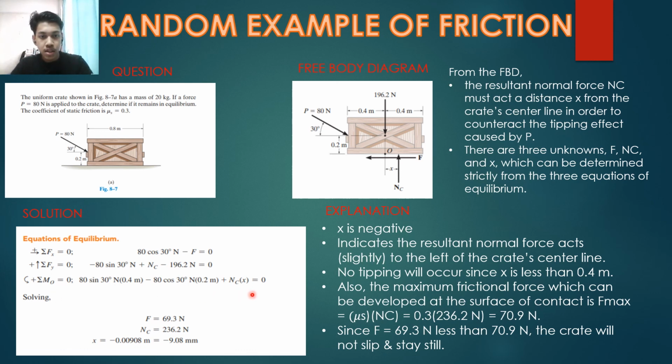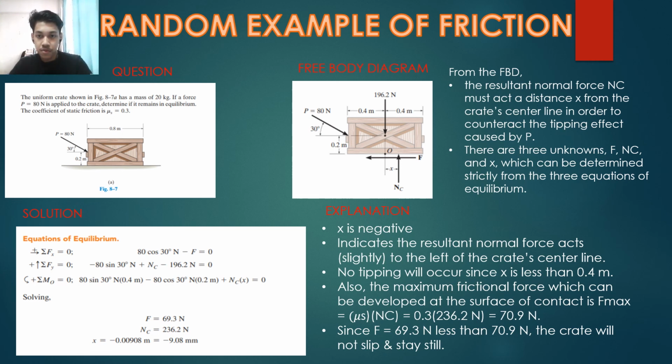From the moment equation, we substitute NC, no need to substitute F, and then we get the X value, which is negative 9.08 millimeter. From this X value, we can conclude that when X is negative, it indicates that the resultant force acts slightly to the left of the crate center line. So no tipping will occur since X is less than 0.4 meter.